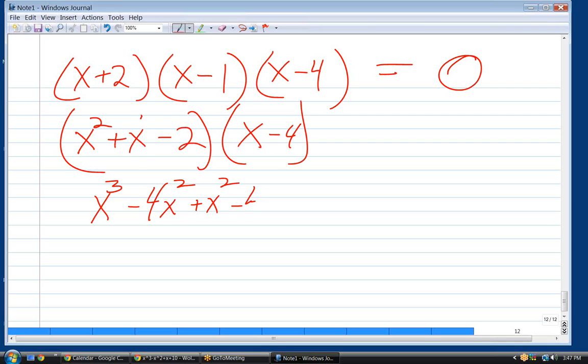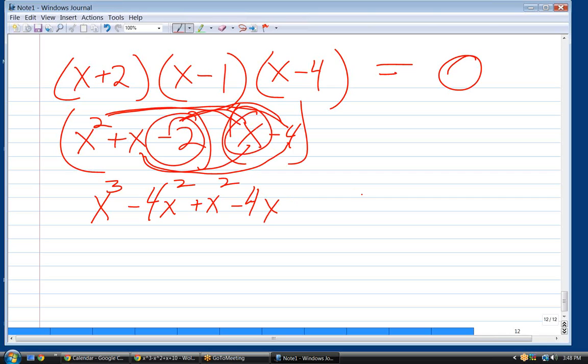Hold on, we forgot this term times this term. We forgot that middle term times the last term. In other words, when you're multiplying these, you always want to do it in a methodology that's the same. You don't want to deviate. So that would be minus 4x plus 8. Hold on. Now we got to go back and do that times that.